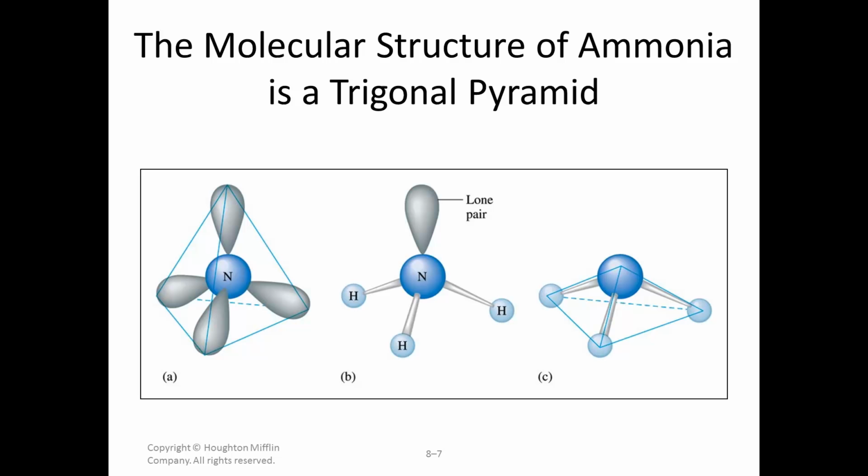However, because one of those groups is a lone pair, we only see the hydrogens and nitrogen in a trigonal pyramid geometry, as is shown in C. The molecular geometry would not see the lone pair of electrons because it is not an atom.